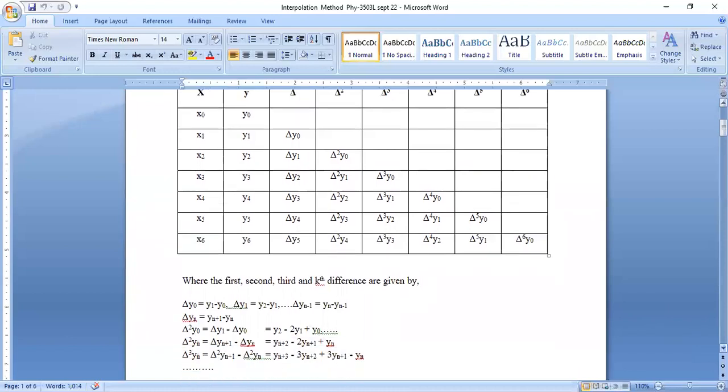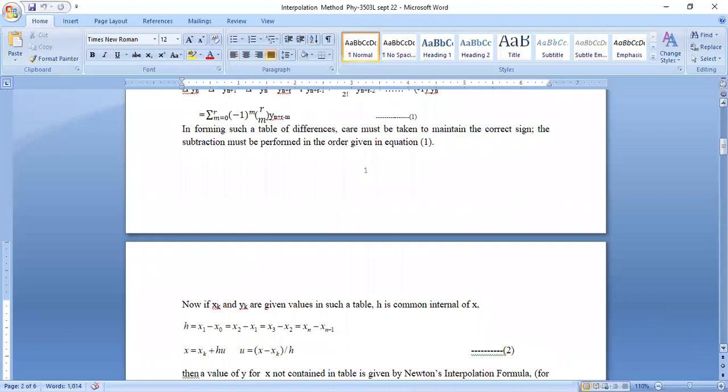Similarly, I can also write this expression: you want to find the value of y for a given value of x. So your x can be written as xk plus h into u, where u can be calculated using the formula x minus xk divided by h, right?